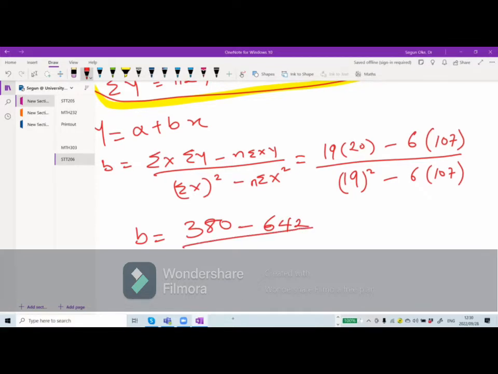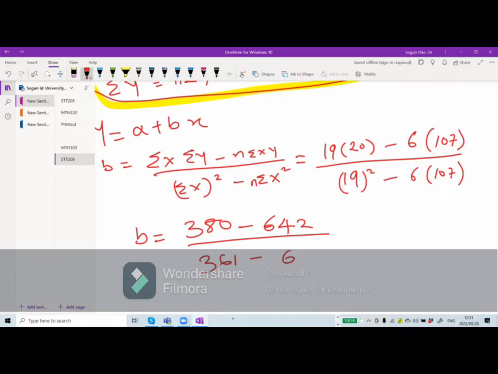Divided by 19 squared. 19 square is what? 361.